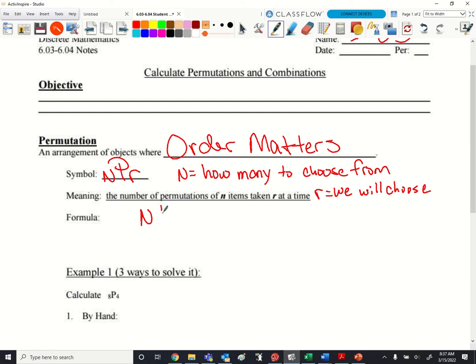So now the formula for nPr is n factorial divided by, I always get this one wrong, (n minus r) close factorial.